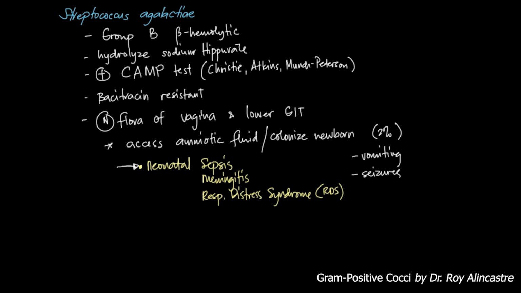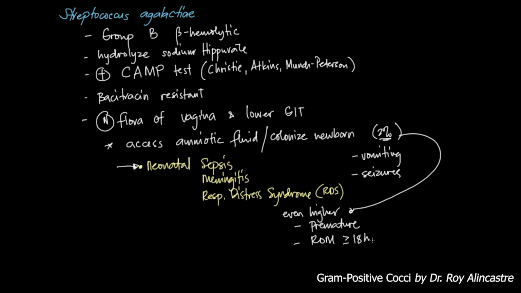And the risk is even higher when factors are present that either decrease the baby's innate resistance, like, for example, prematurity, or increase the chances of transmission, like rupture of membranes for 18 hours or more before actual delivery.